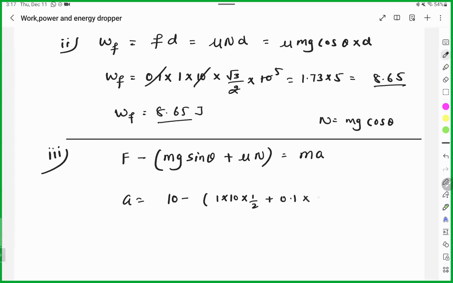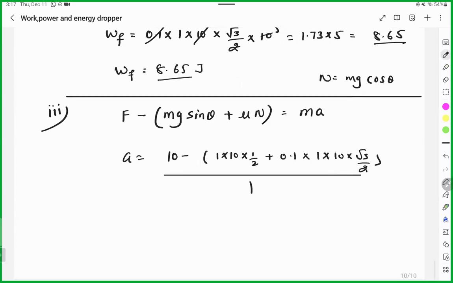Okay, so instead of N I will write mg cos theta, root 3 by 2, correct, and divide by mass. Mass is 1, so there is no issue.